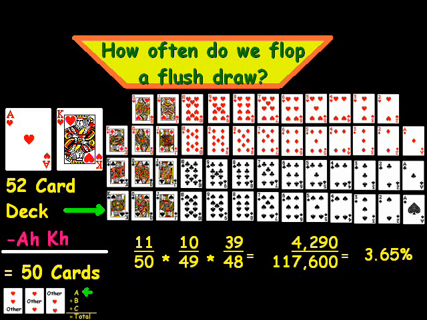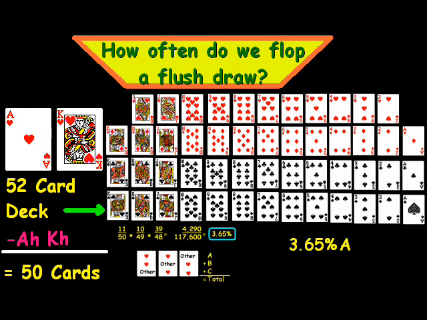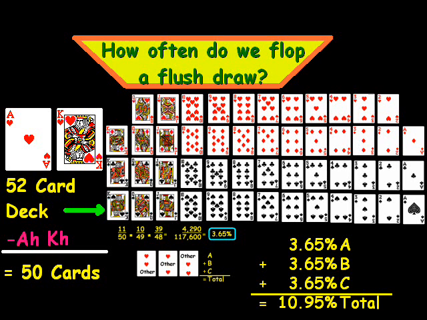Now we've got to add components B and C to get our total. So we have this 3.65% number, and we'll keep that in mind there. I'm going to shrink this down. Okay, we have 3.65% for A, the same number for B, and the same number for C. We add these all together, and we get a total of 10.95% chance. So about 11% of the time, if we have a suited ace king, we are going to flop a flush draw.